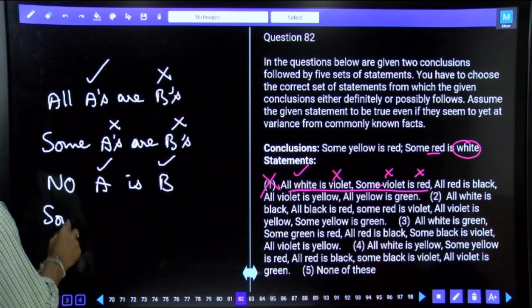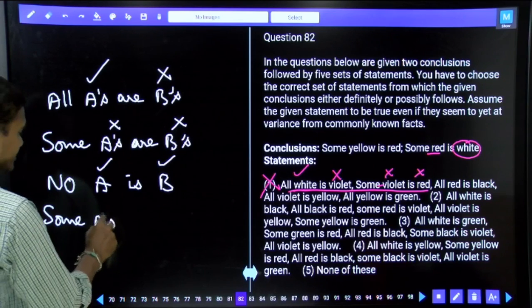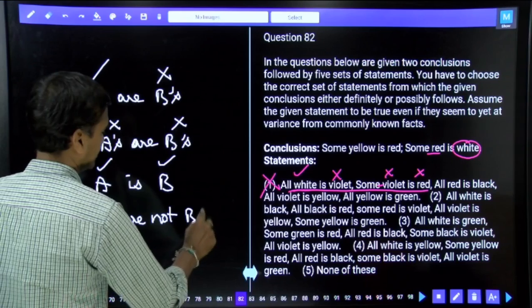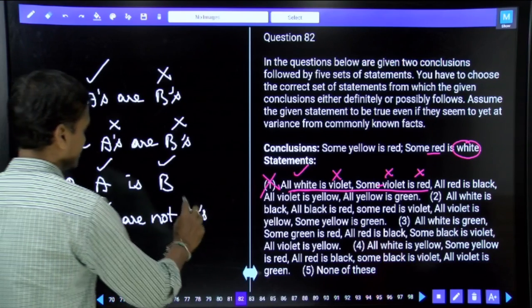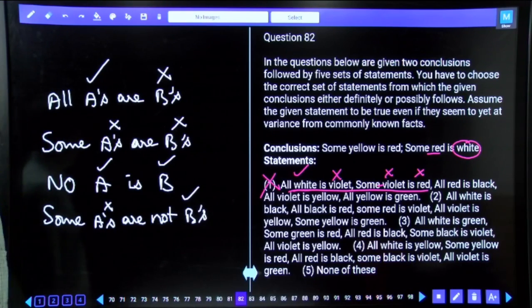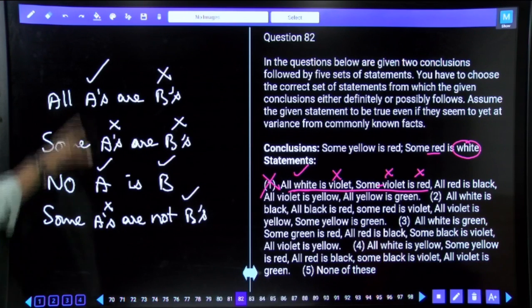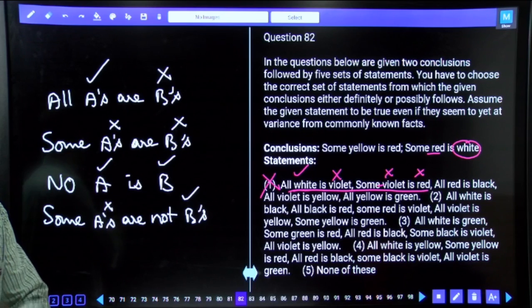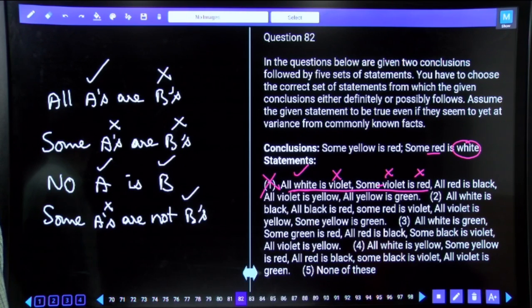And next one, some A's are not B's. Now this is cross and this is tick. For these four statements, Raghuram, this is what we mean by tick and cross. Tick means 100% we can definitely conclude, and cross means we are not sure about that. Okay.